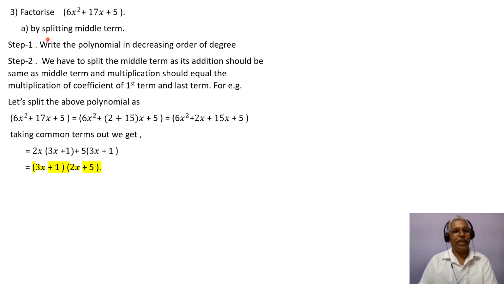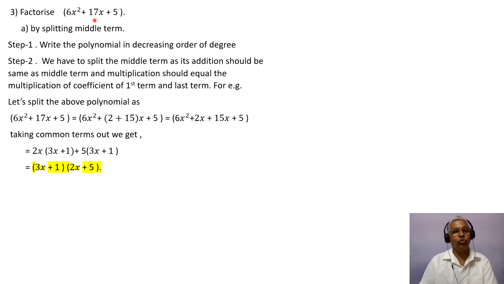So first one, by the splitting middle term method. Step 1, write the polynomial in decreasing order of degree. It is there. And step 2, we have to split the middle term 17 such that its addition is the same as the middle term, and multiplication equals the multiplication of the coefficient of the first term and the last term.